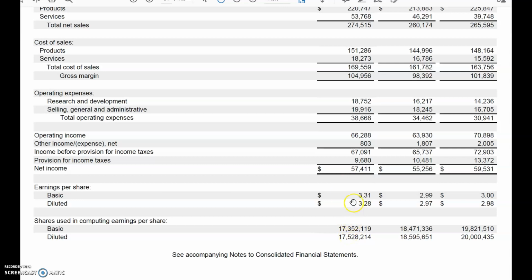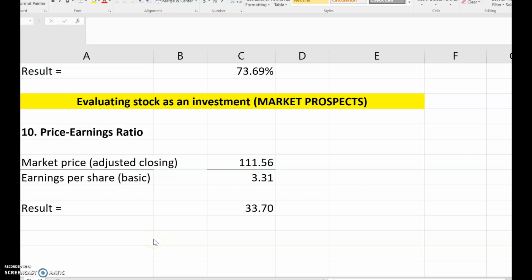If you go on in accounting, you're going to learn there's a little bit more involved than that, especially the difference between basic and diluted. We use basic. So we're going to take that $3.31. So the market price, 111.56, divided by 3.31, we get a PE ratio of 33.70.